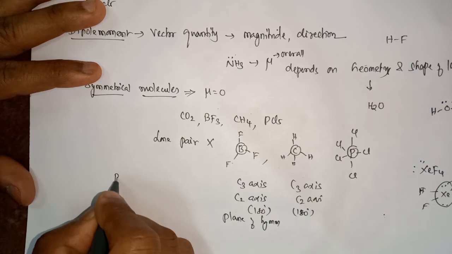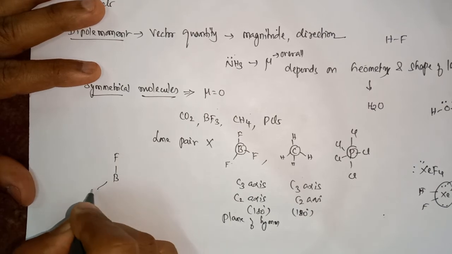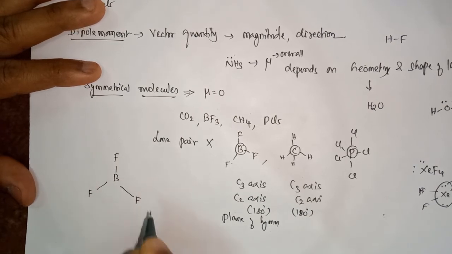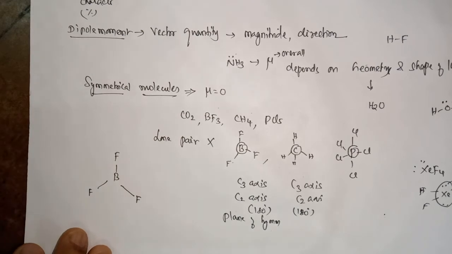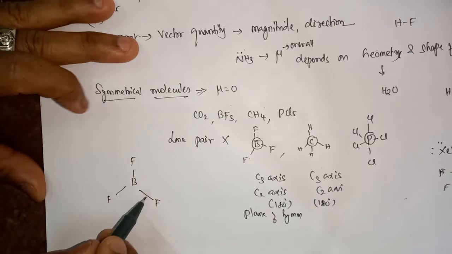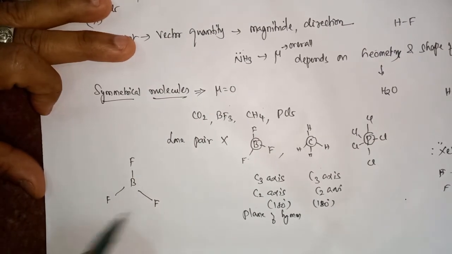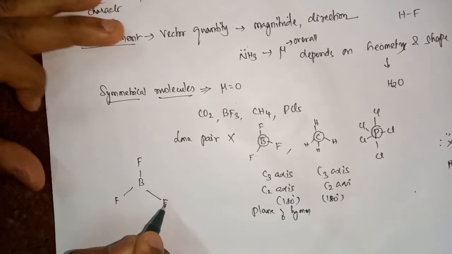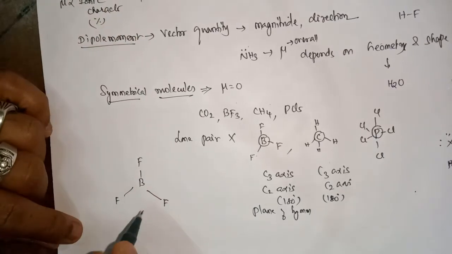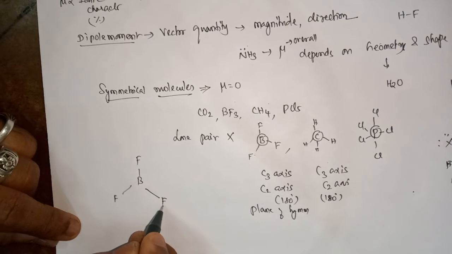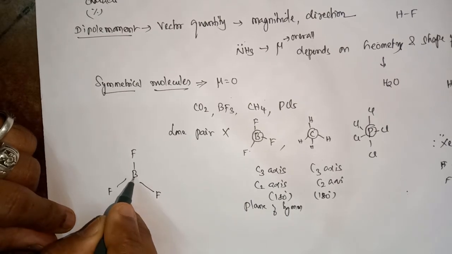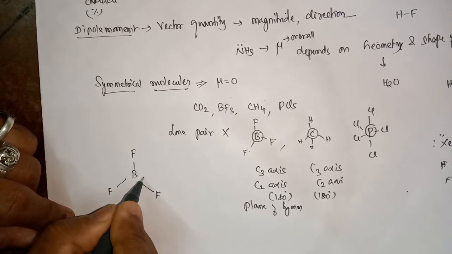Suppose I take BF3: B, and F. I am going to write, for each bond, the dipole moment. How do we write the direction of the dipole moment? Fluorine is more electronegative than boron, so it pulls the electron towards itself.